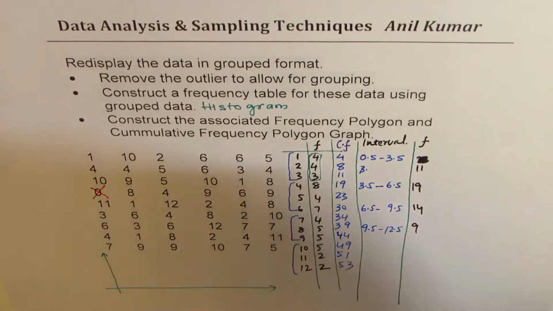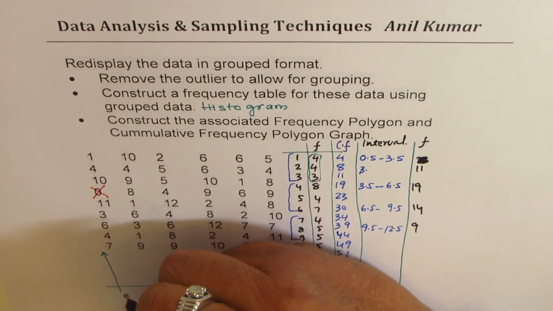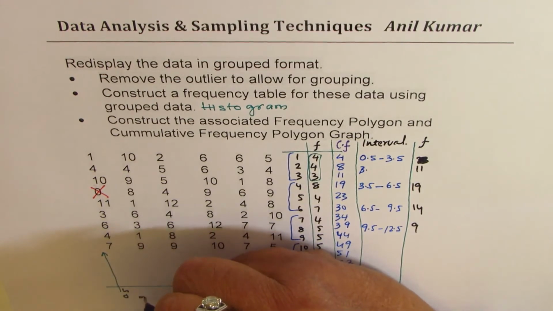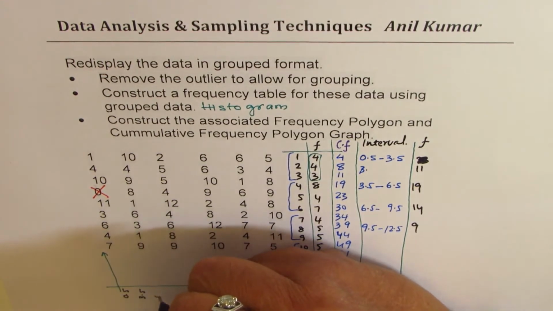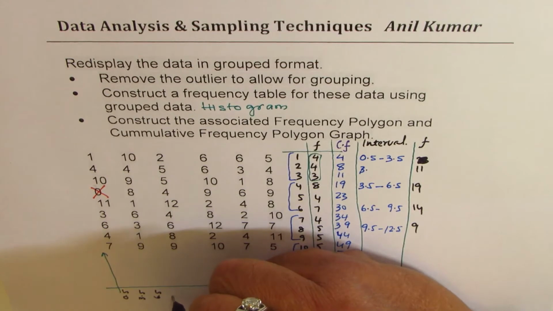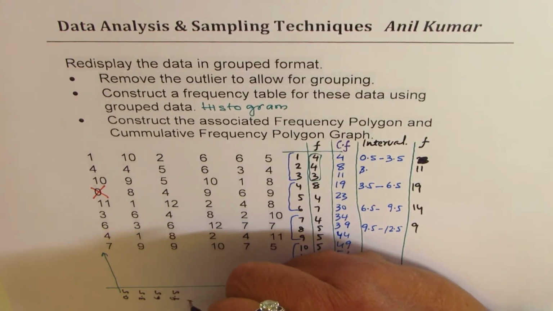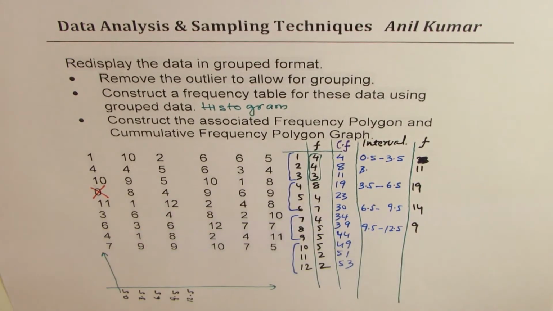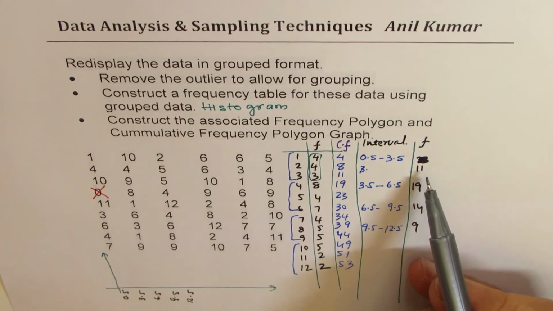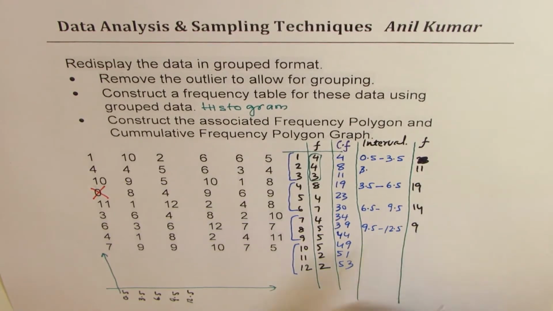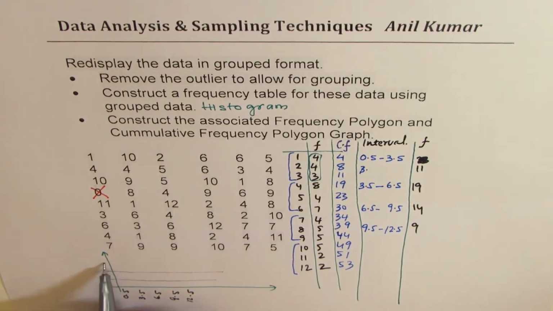So we could write this as from, we'll make a histogram first, 0.5, then we have 3.5, 6.5, 9.5, and 12.5. Perfect. Now, from 0.5 to this, we have numbers like 11, 19, 14, and 9. So let's say we go with 5s. 5, 10, 15, 20. Perfect.